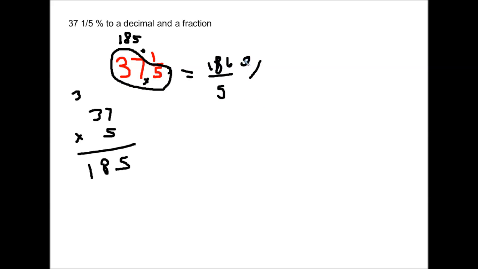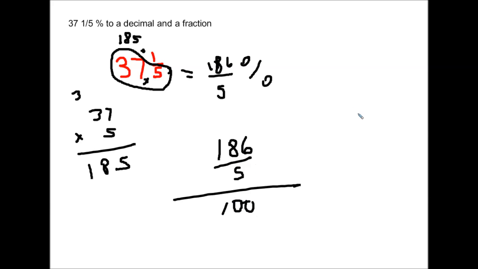So to change this percent to a decimal number, I can just put this number over 100. 186 over 5 over 100. So I have a fraction within a fraction.